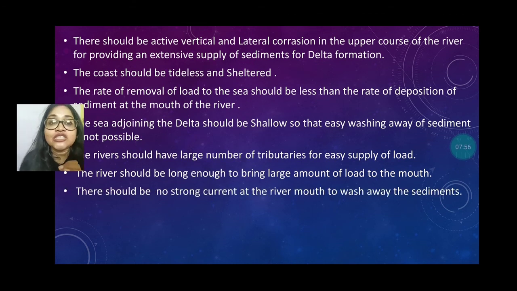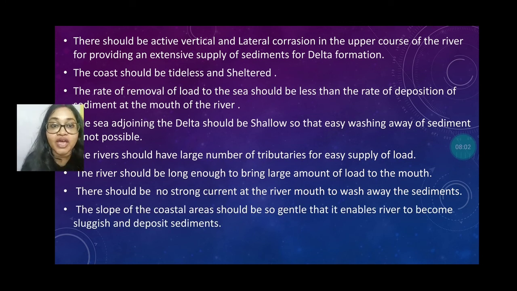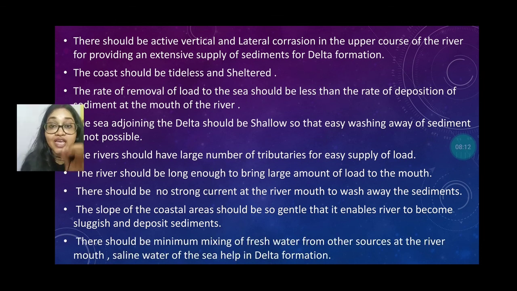There should be no strong current at the river mouth to wash away the sediment. The slope of the coastal area should be so gentle that it enables the river to become sluggish and deposit sediment, and there should be minimum mixing of fresh water from other sources at the river mouth. Saline water of the sea helps in delta formation.